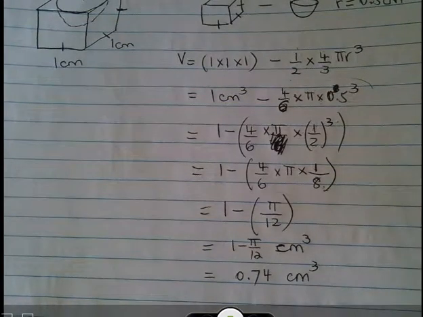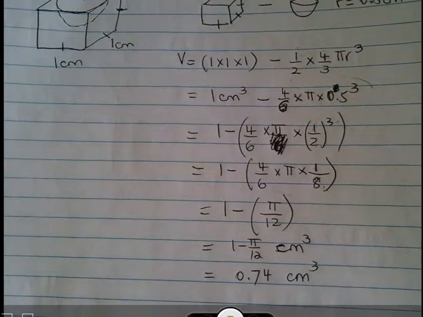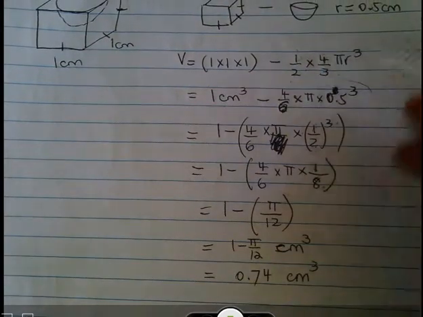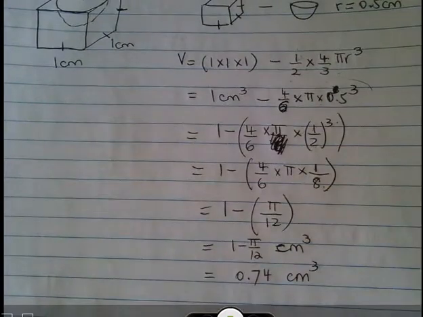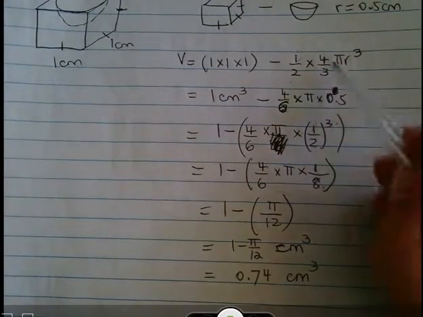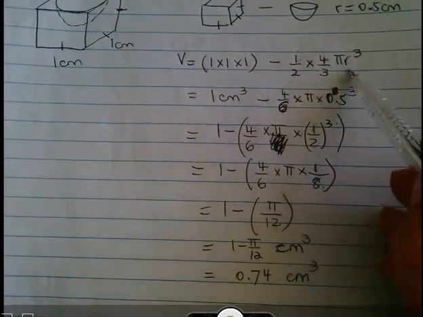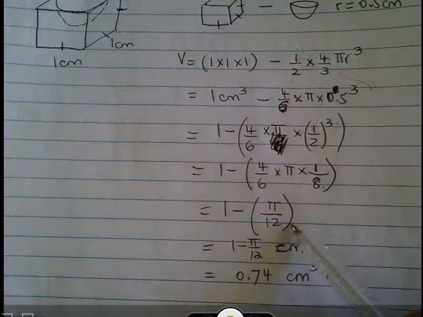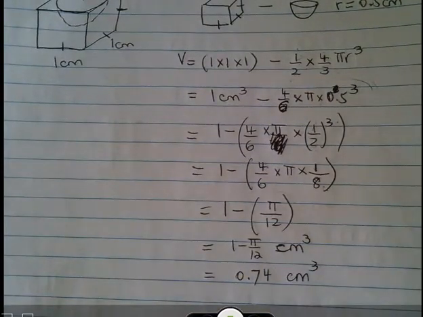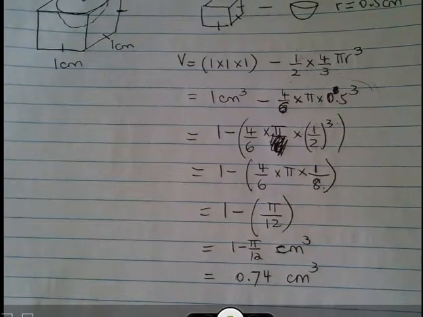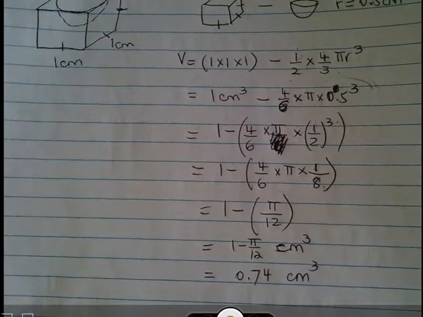But sometimes using a calculator is slower. It's good to train your brain a bit. That's all. I know you can just put that all in: a half times 4 on 3 times pi times 0.5 cubed. It will give you pi on 12, but we just want to practice a bit of multiplying fractions and things.